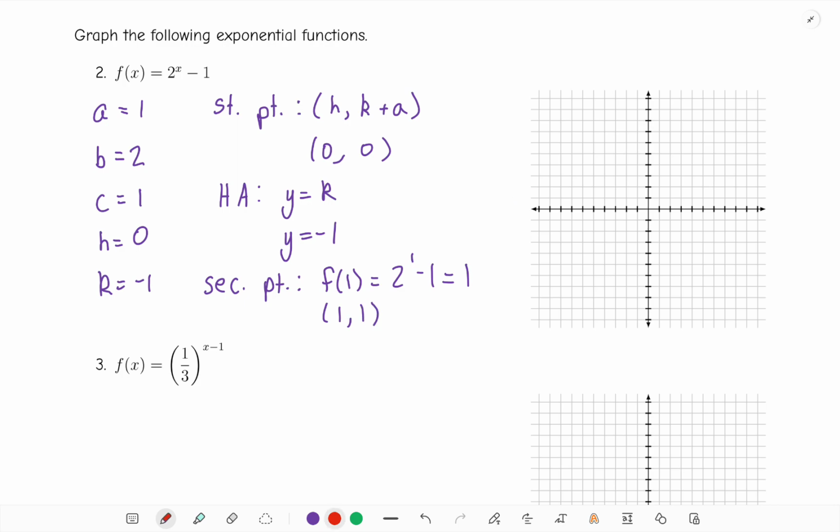Start out with the horizontal asymptote at y equals negative 1. Plot our 2 points, 0, 0, 1, 1, and then make the exponential curve. And there's our graph.